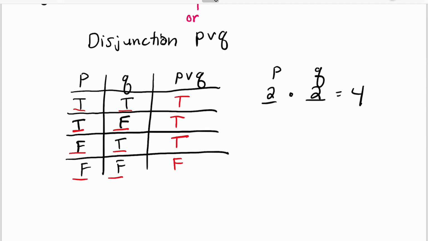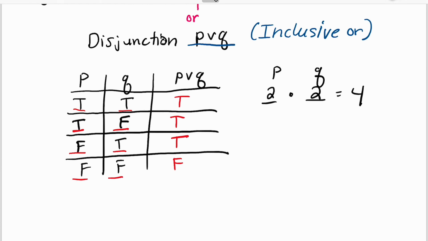This is an example, P or Q. This is the example of what's called the inclusive or. There is also an example of an exclusive or, which we'll get to here in a little bit. The use of the connective or in a disjunction corresponds to one of 2 ways the word or is used in English.